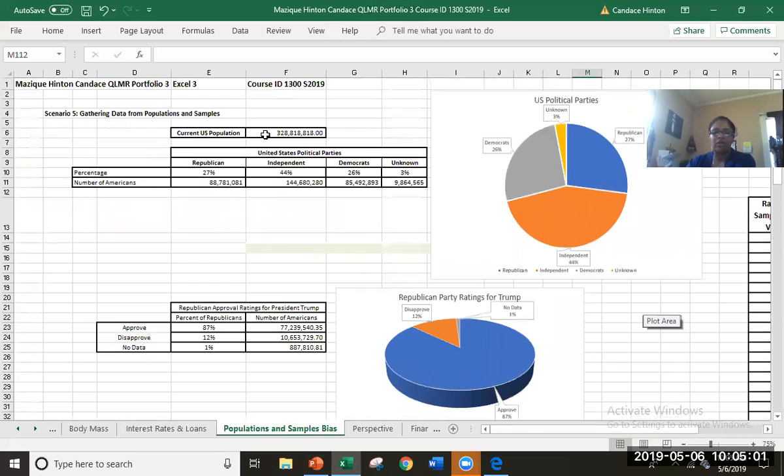Here we see that we have our current population, according to the link that Ms. Benzie gave us, of 328,818,818, which they say we continue to gain so many people every 4 seconds. 27% of our nation is Republican, 44% is independent, and 26% are Democrats, which leaves 3% that haven't chosen a political party.